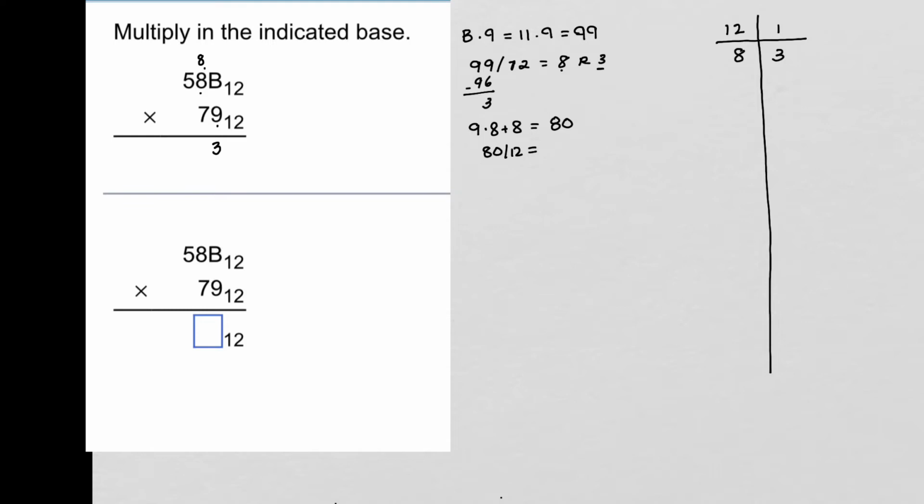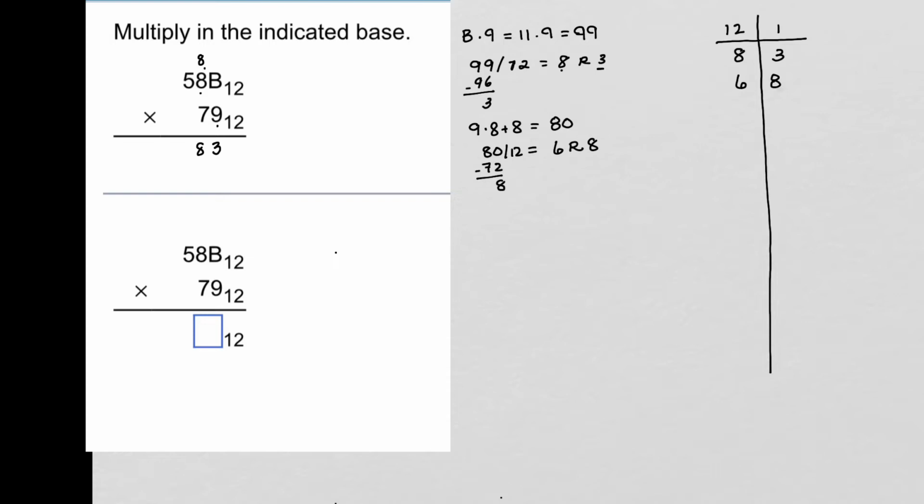And there are 6 groups of 12. 6 times 12 is 72. And I have 8 left over. So that's 6 groups of 12 and 8 left over.